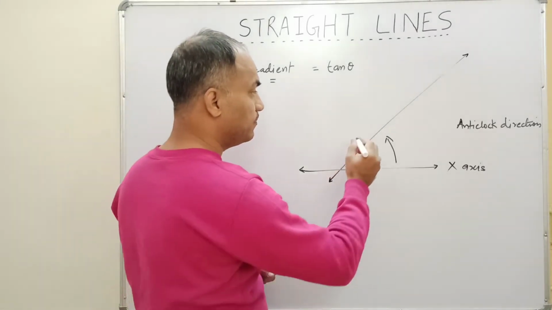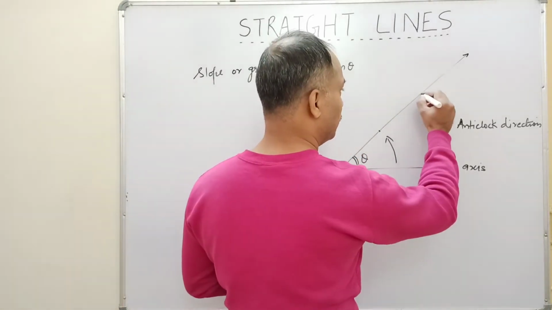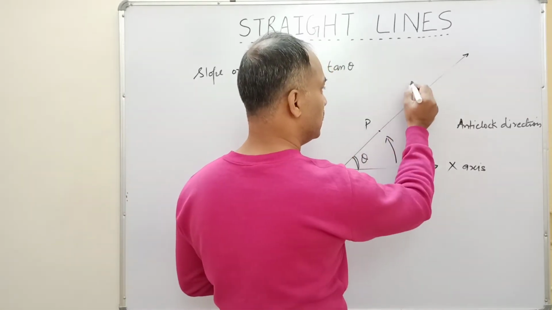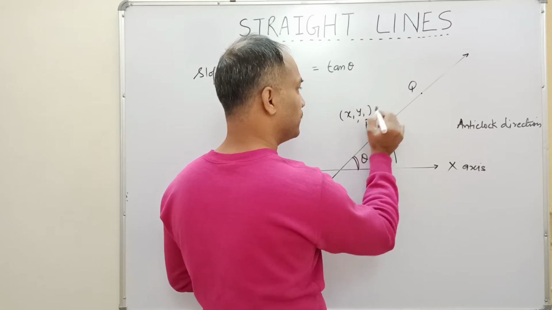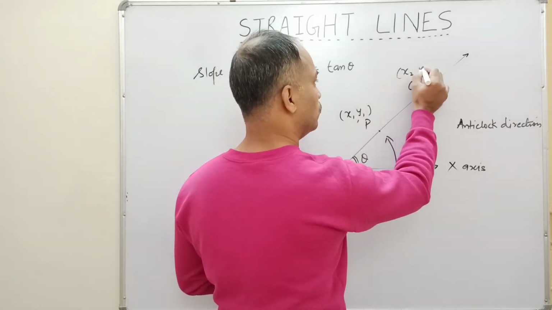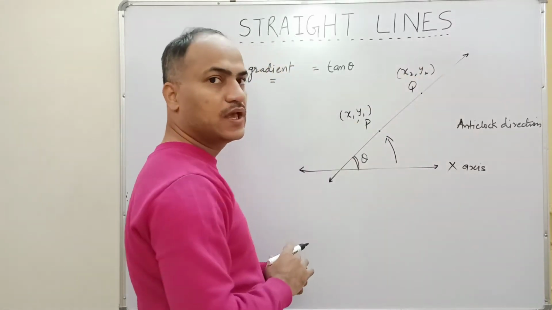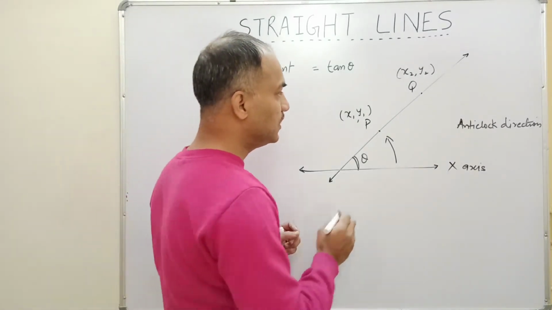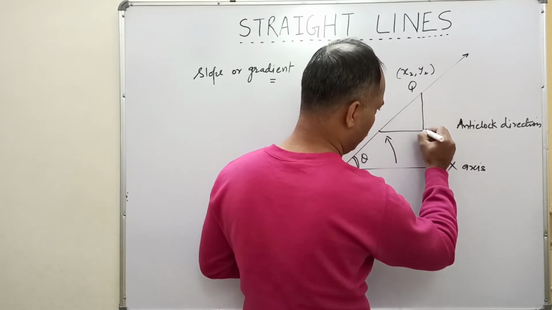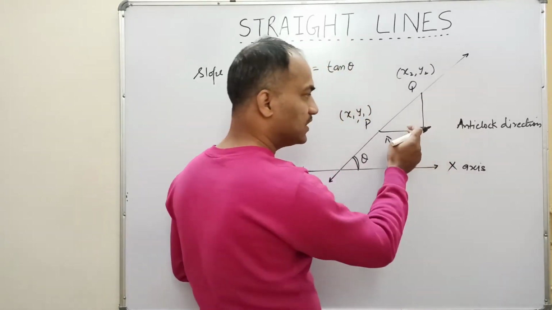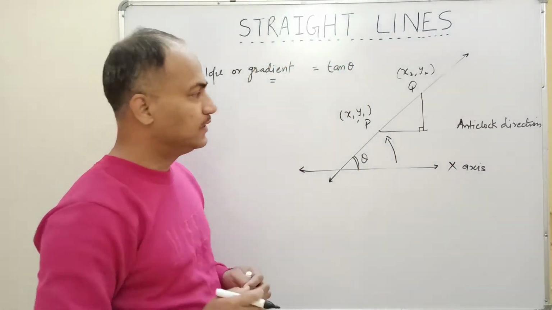Okay, suppose यहाँ पर हम दो पॉइंट लेते हैं. We have taken any two points. This is P and this is Q. Coordinates हमने लिया x1 y1 and x2 y2. ठीक है? अब इन दो पॉइंट्स के लिए suppose we draw one horizontal line here and one vertical line here. So we see that this angle is right angle. ठीक है?